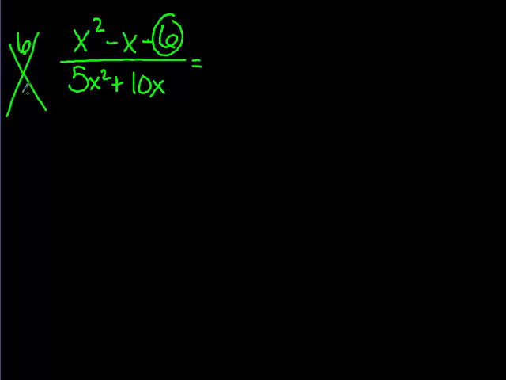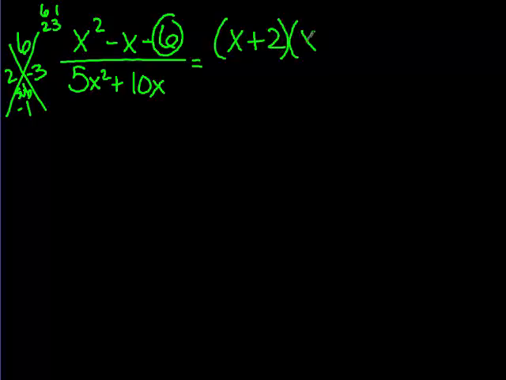Well, 6 and 1 is going to subtract to give me 5. 2 and 3, those can subtract to give me 1. So let's put 2 and 3. Does 2 minus 3 give me negative 1, or 3 minus 2? So we're going to put the negative with our 3. So we get x plus 2, x minus 3.